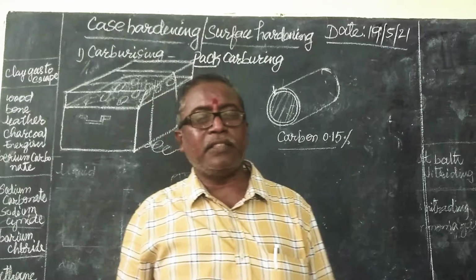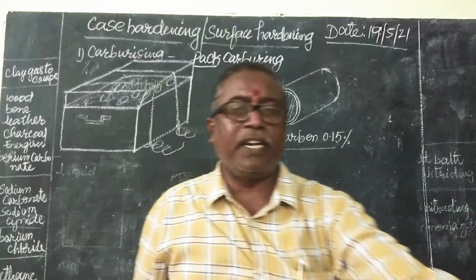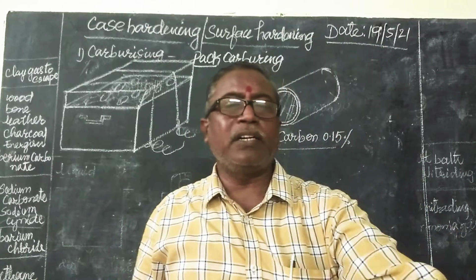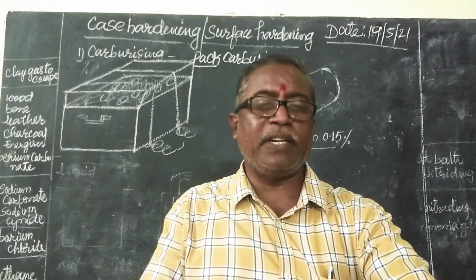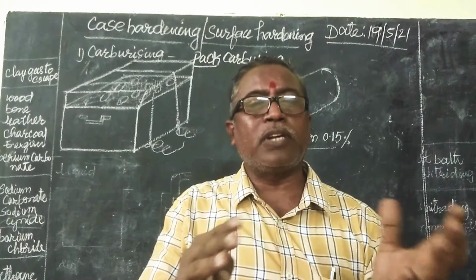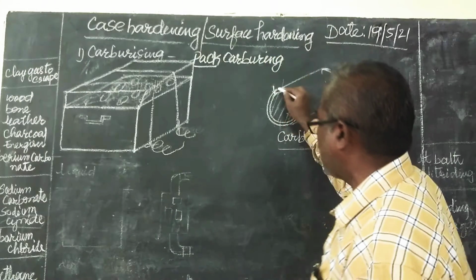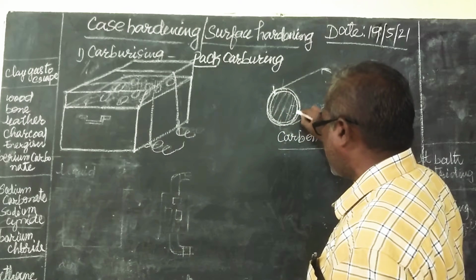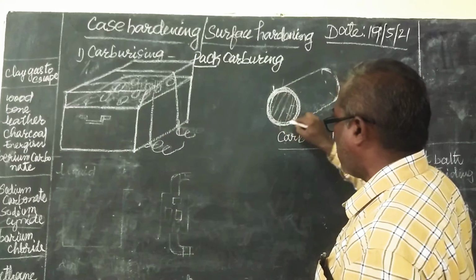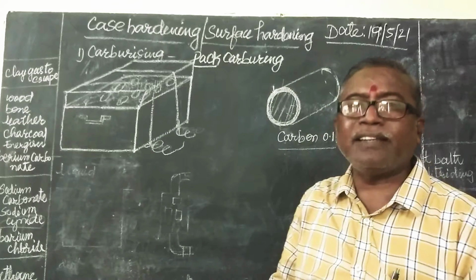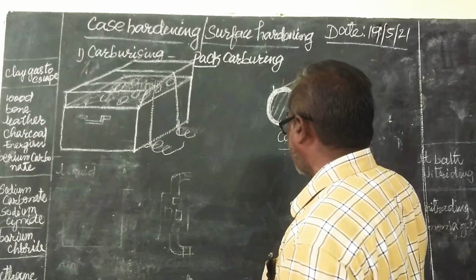By heating to 870 degrees centigrade, the carbon diffuses into the metal, and the outer surface becomes hard. You see here, this is the outer surface, the carbon penetrates and forms a hard surface after quenching.